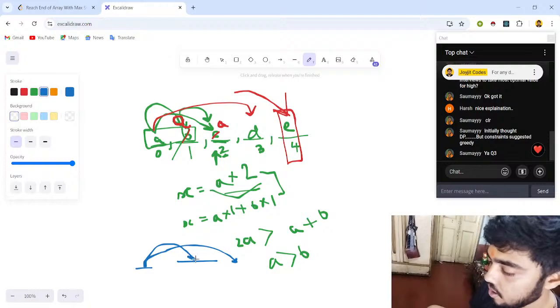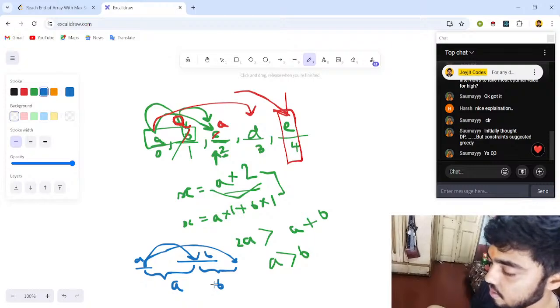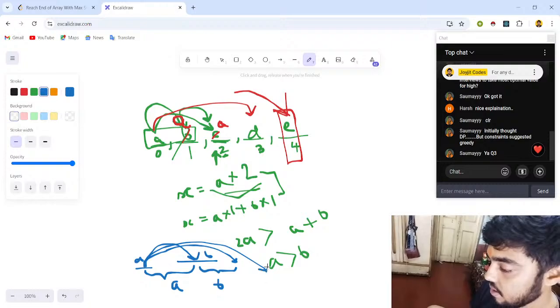If you are jumping to it, let's say this is a and this is b, then these values are going to be a and these values are going to be b. But if you jump over it, all the values are going to be a, right?